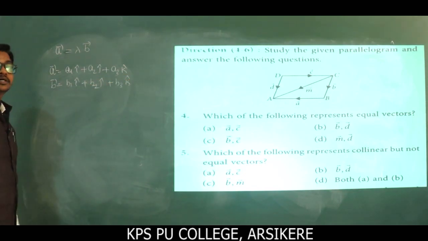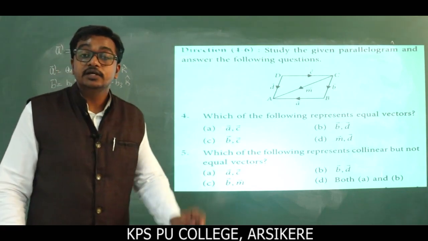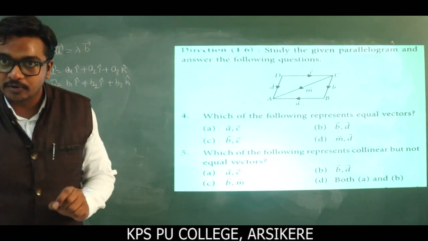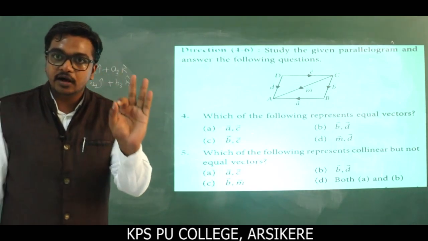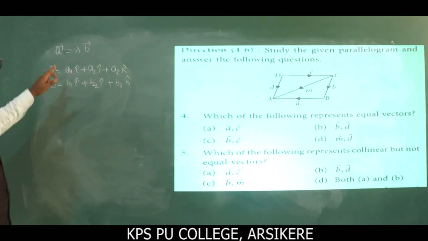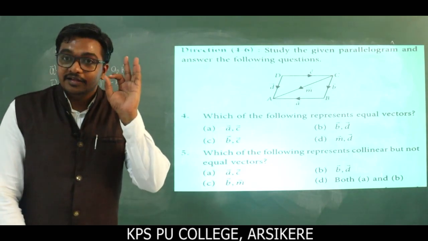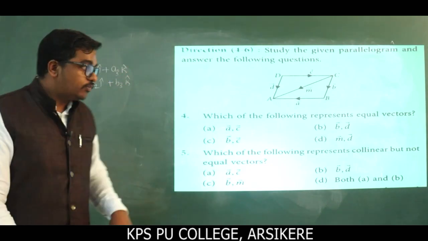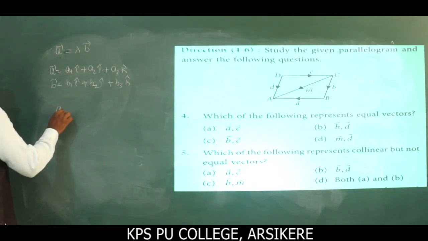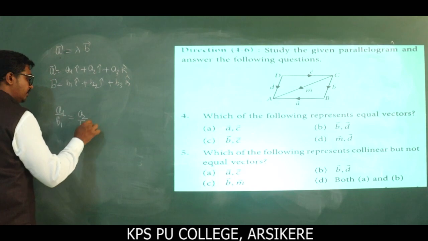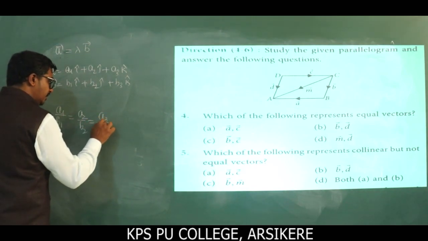When two vectors are collinear, corresponding scalar components are proportional. Remember this. It means A1 by B1 is equal to A2 by B2 is equal to A3 by B3.